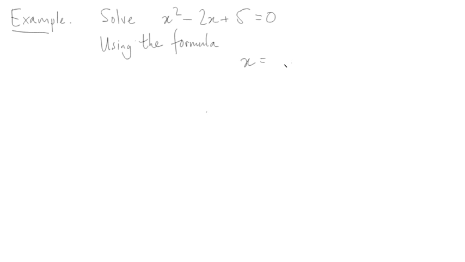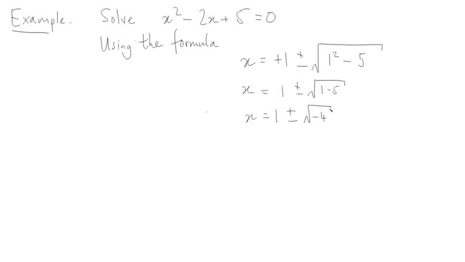We get x equals minus a half the x coefficient, which gives me plus 1, plus or minus the square root of half the x coefficient squared, which is 1, minus the constant term, which is 5. This gives me x is equal to 1 plus or minus the square root of 1 minus 5, which is 1 plus or minus the square root of negative 4.